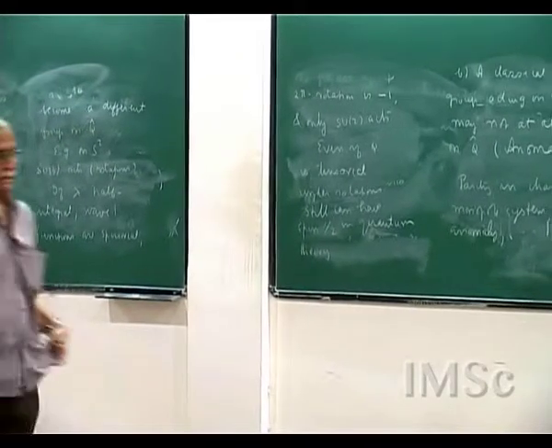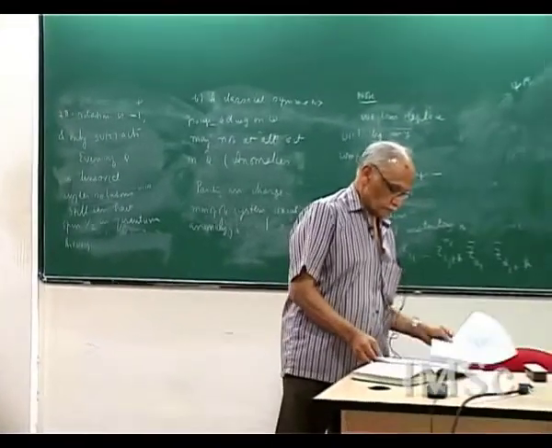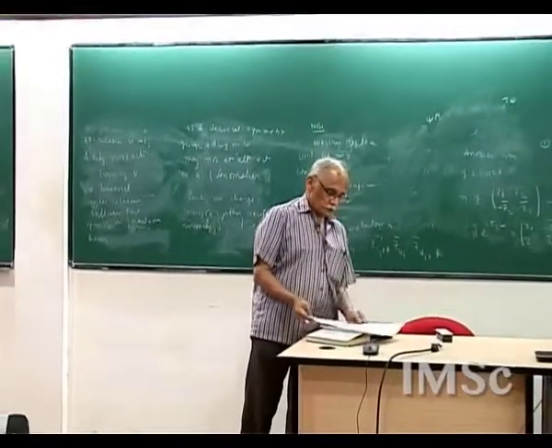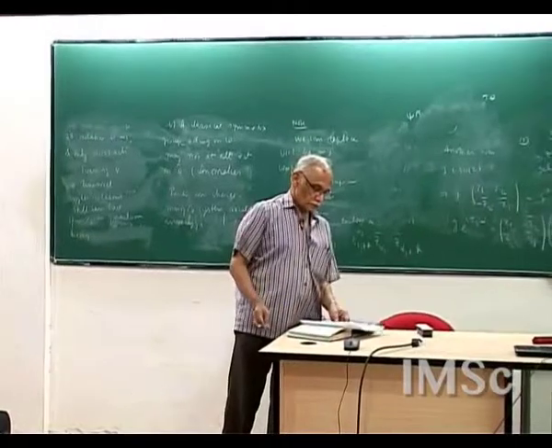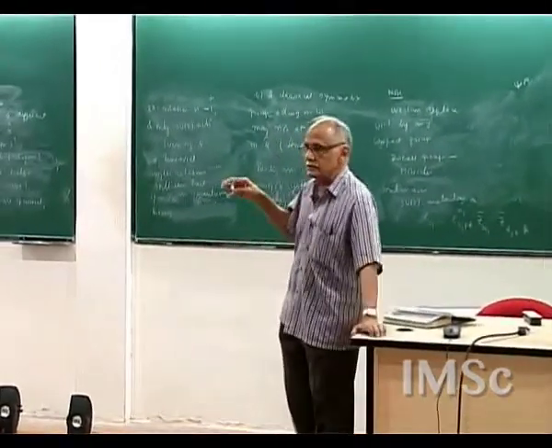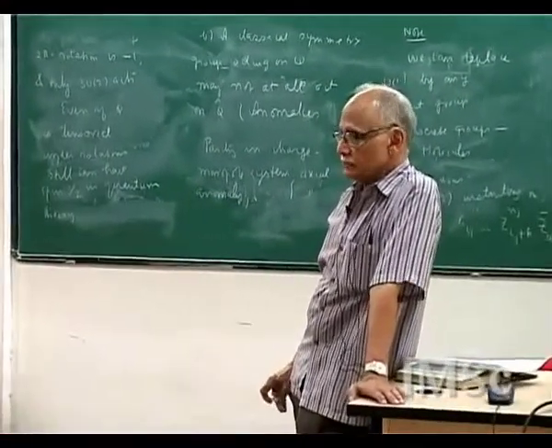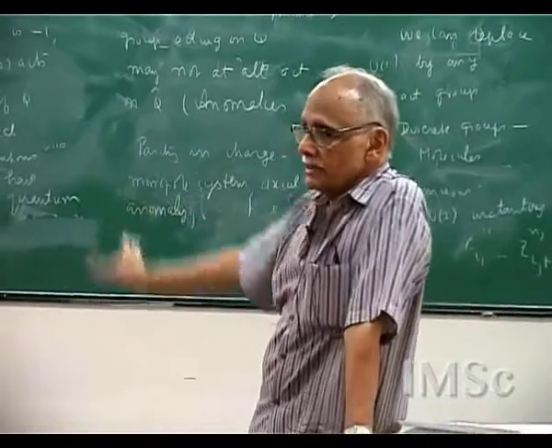So in the next class, what I will do is try to tell you how this extra U1 phase is reflected in a Lagrangian formulation. It's quite generic if you have a U1 case.